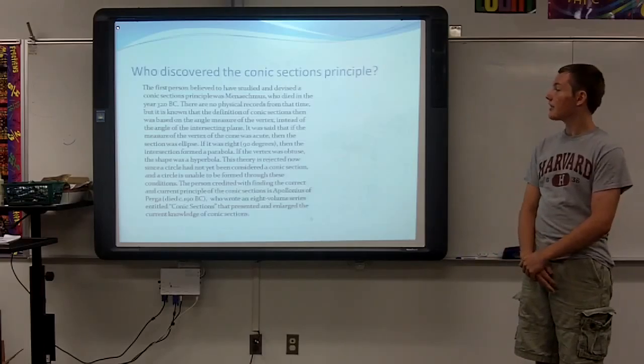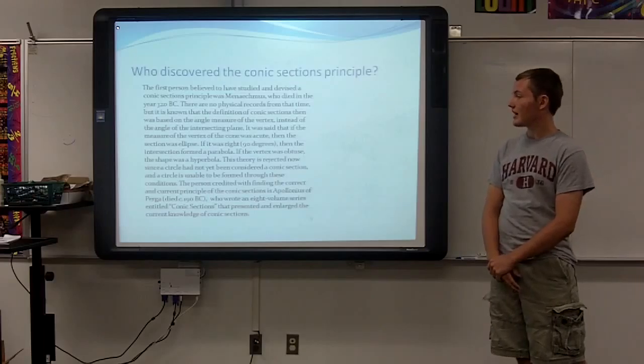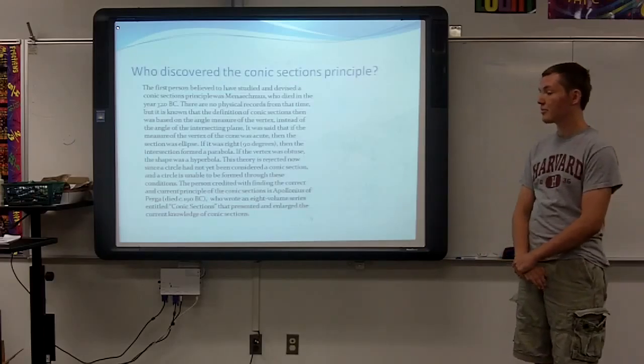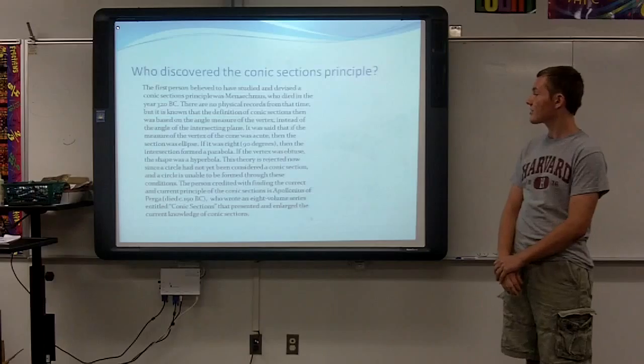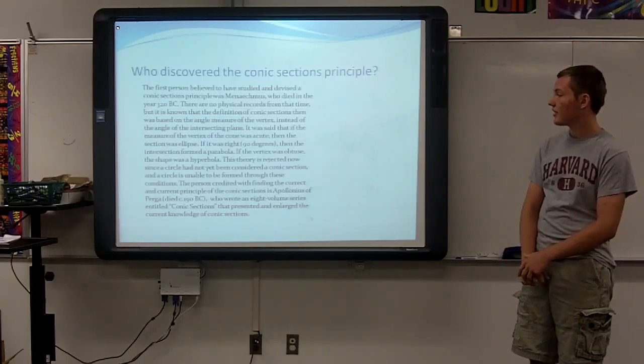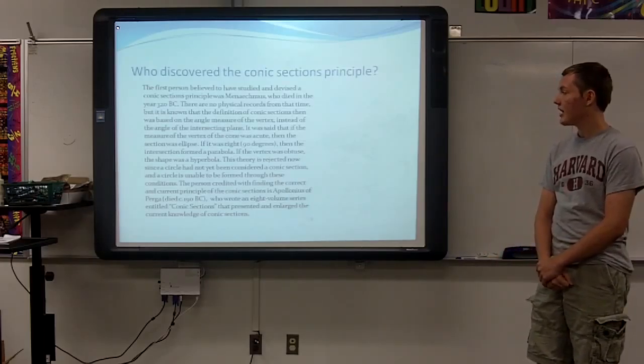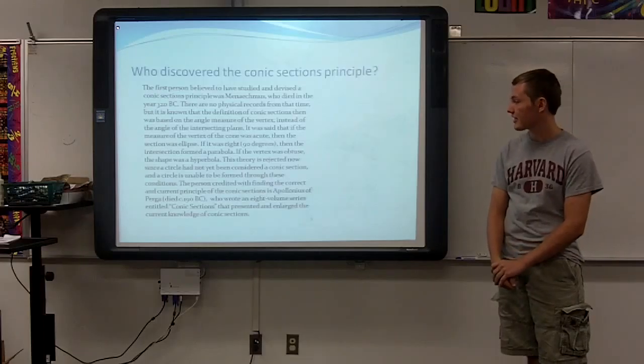It was said that if the measure of the vertex of the cone was acute, then the section was an ellipse. If it was right, so at 90 degrees, then the intersection formed a parabola. If the vertex was obtuse, then the shape was a hyperbola. This theory is rejected now, since a circle had not yet been considered a conic section, and a circle is unable to be formed through these conditions.